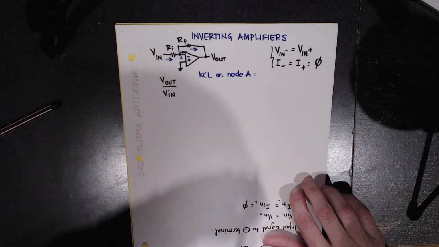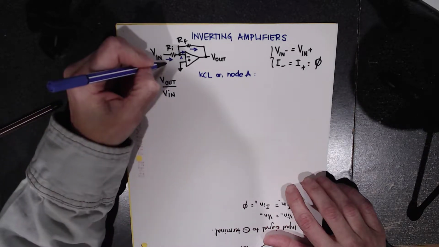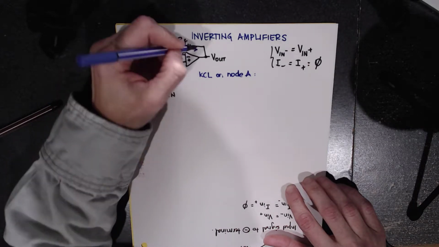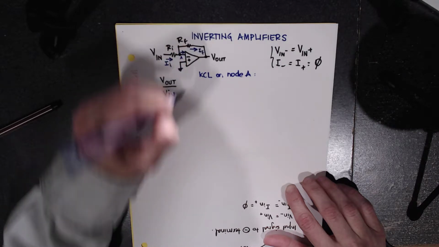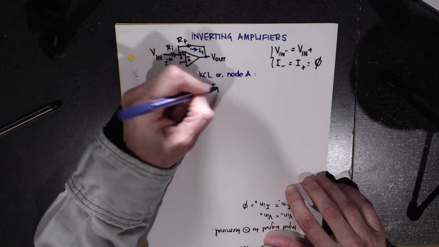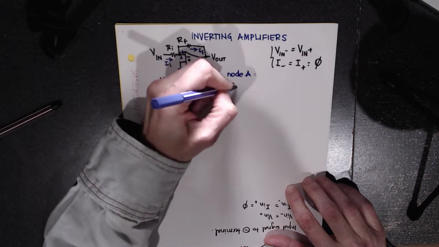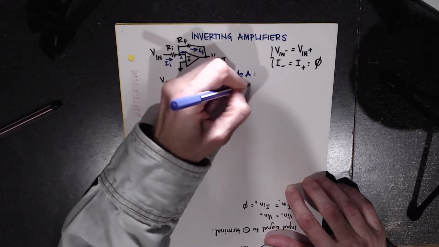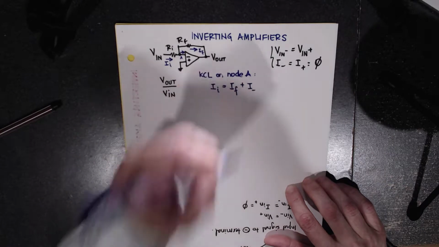And if I assume the current into the op amp, it would be this I sub F, and I minus. So the input current is the feedback current plus the current on the minus input.